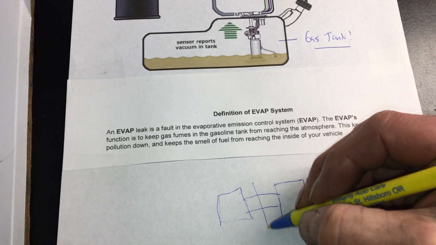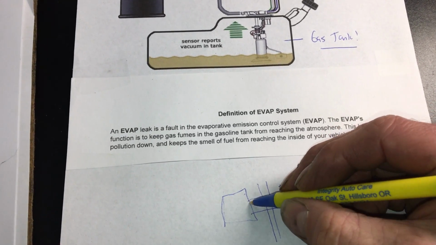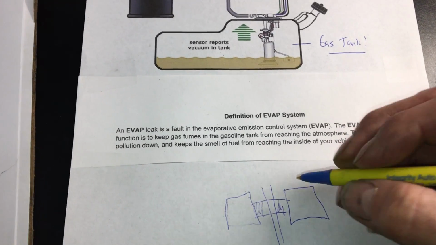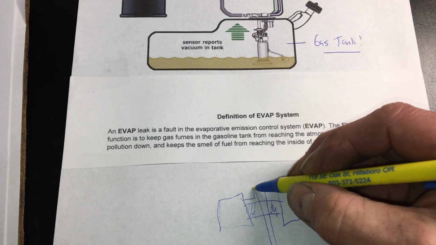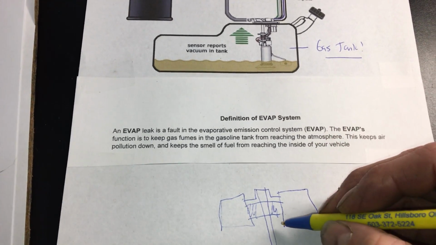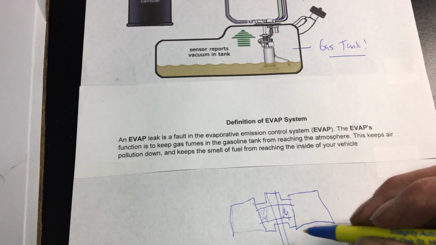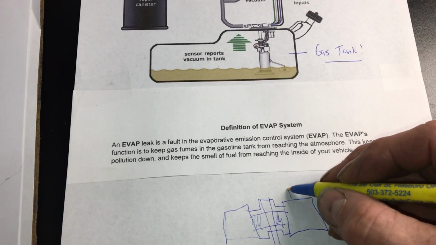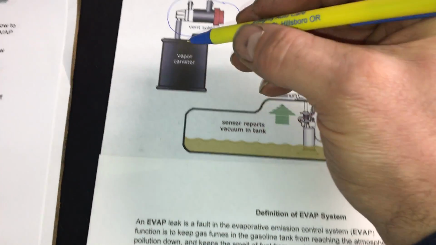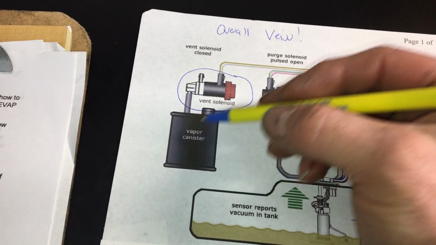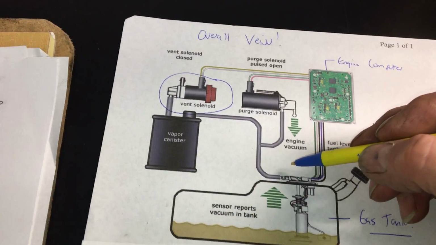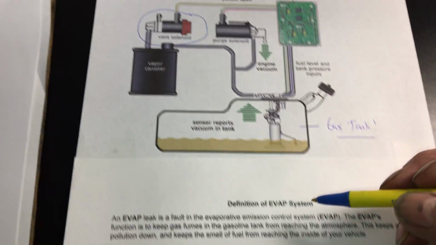So I had connections that go boom, boom, boom, boom, boom. And remember all these connections, it had twice the fun with all these vacuum lines, and it had a very small leak.